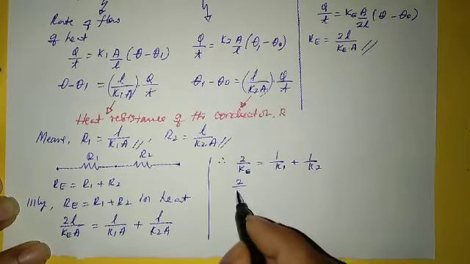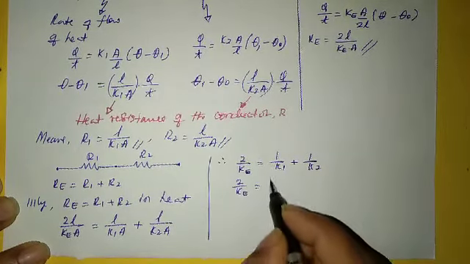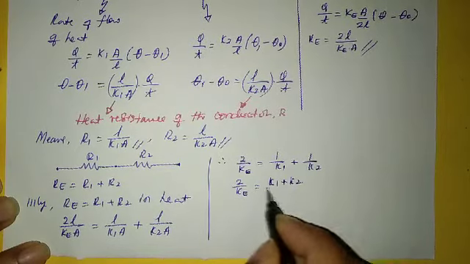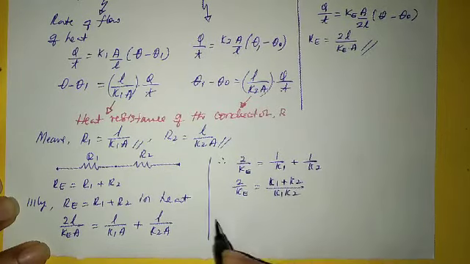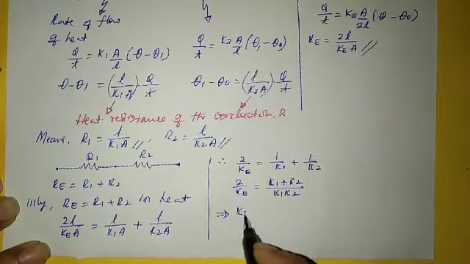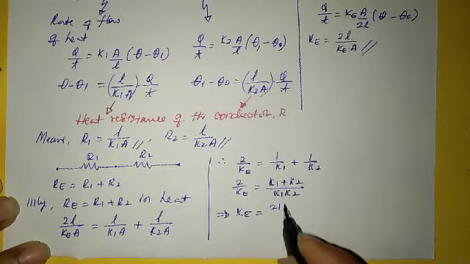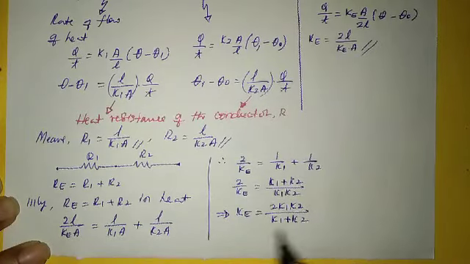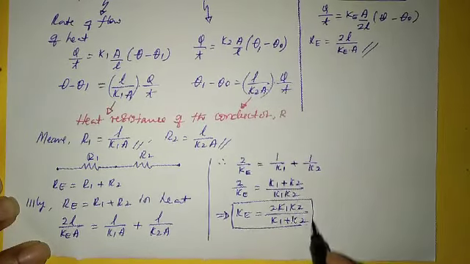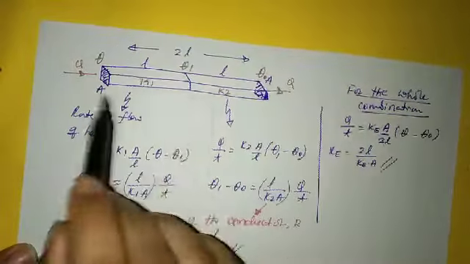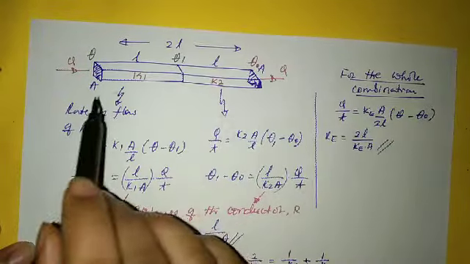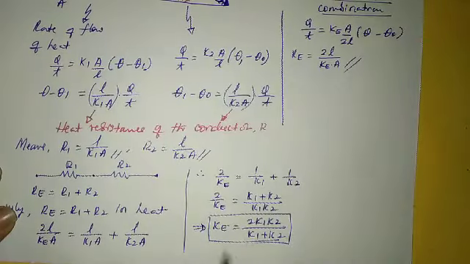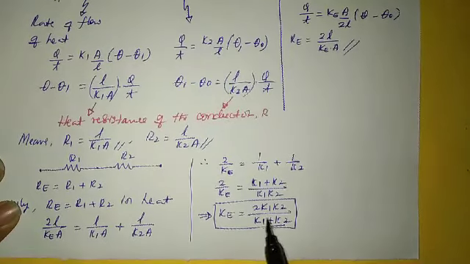In the next step I can rewrite 2 by Ke as K1 plus K2 divided by K1 K2. Finally, Ke is equal to 2 times K1 K2 divided by K1 plus K2. This becomes the effective thermal conductivity of the two conductors connected in series. So this is the result: 2 K1 K2 divided by K1 plus K2.